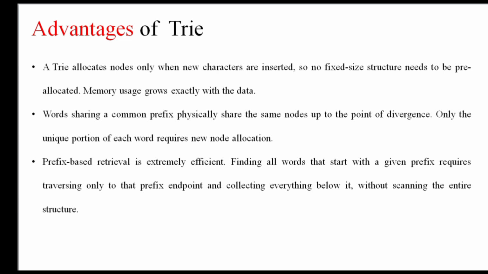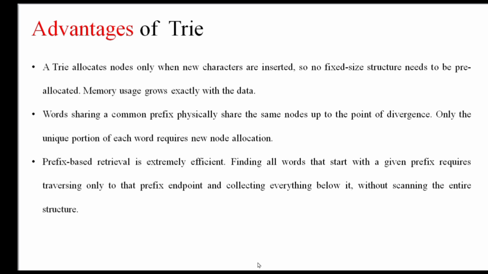Second, we share memory. Words that start with the same letter use the same nodes. This saves a lot of space. Thirdly, prefix search is super fast. If we want to show autocomplete words, the trie finds them immediately without searching the whole database.